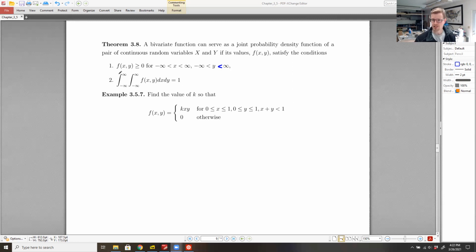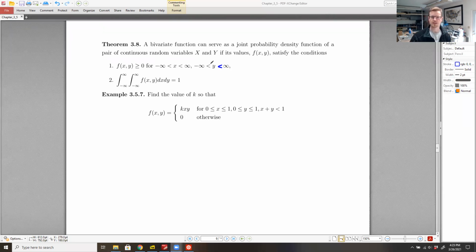Of course, things look a little bit different because we're looking at multiple variables. So a bivariate function can serve as a joint probability density function of a pair of continuous random variables, x and y, if its values satisfy two conditions. The first condition, again, is that it's non-negative, 0 or greater, for any value between negative infinity and infinity for x and any value between negative infinity and infinity for y.